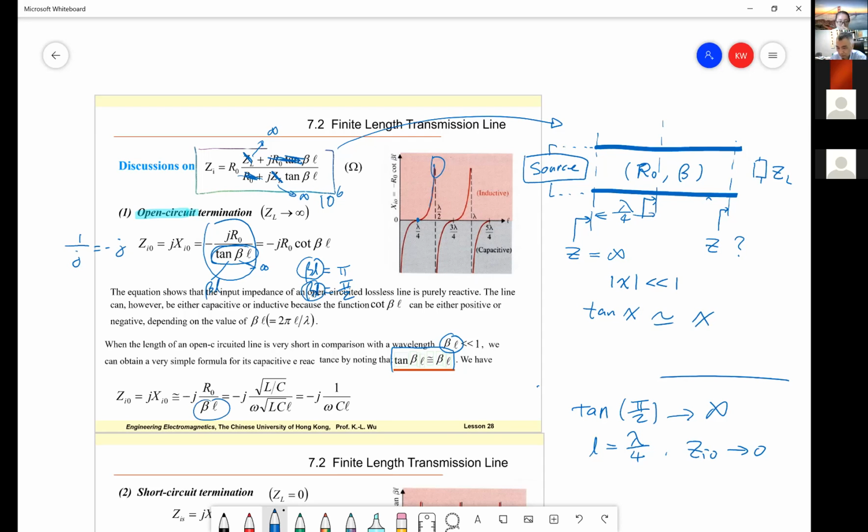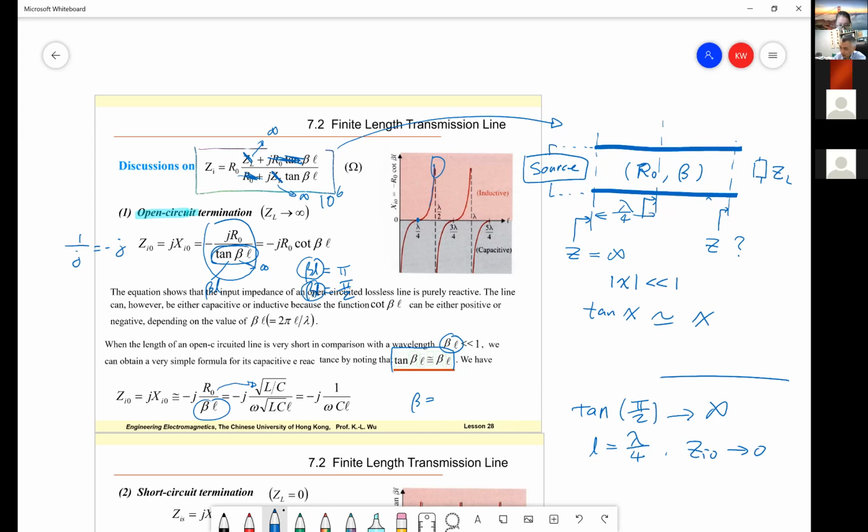Then we know for the lossless case, Z0 equals this, and beta equals omega times square root of L C. Why?